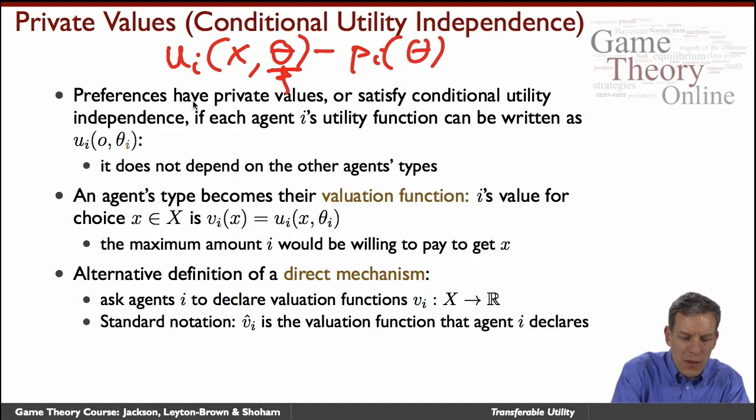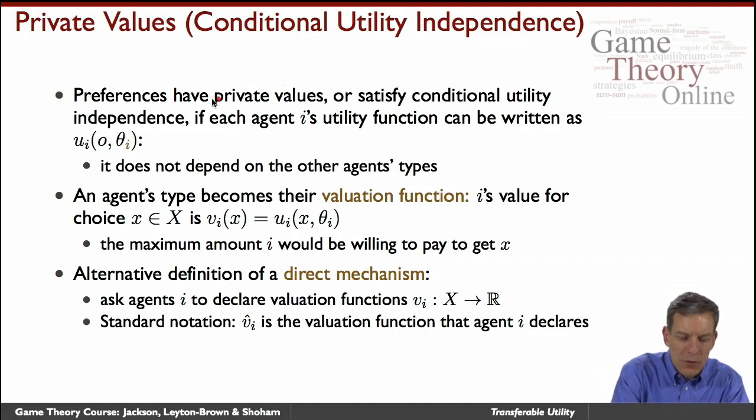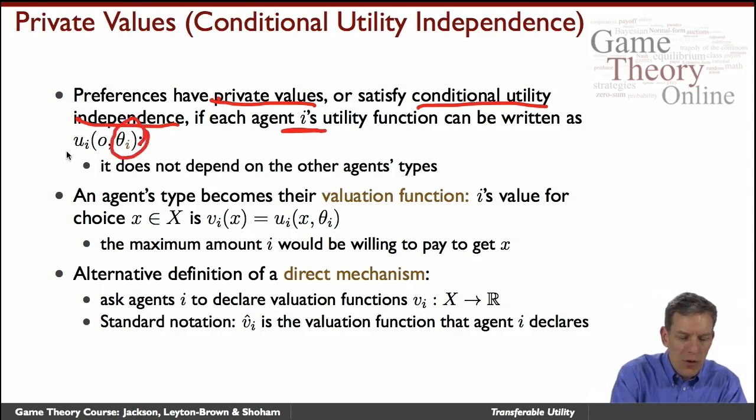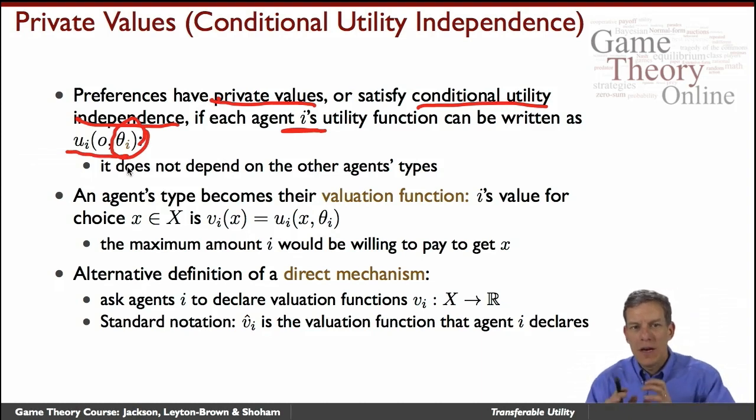So we'll say that preferences have private values, or satisfy conditional utility independence, if a particular person i's utility function depends only on θ_i. So the utility for this overall outcome does not depend on anybody else's type, only on my own type. That means that once I know my own theta, I know everything about my preferences.